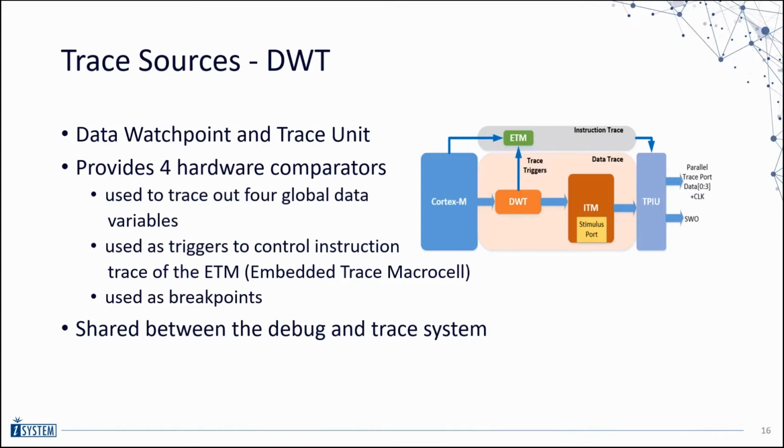Using these four hardware comparators, four global data variables can be traced out. But if a local data variable or more than four data variables are supposed to be traced out, then the ITM stimulus port is a solution. We will see that in the later part of this webinar.